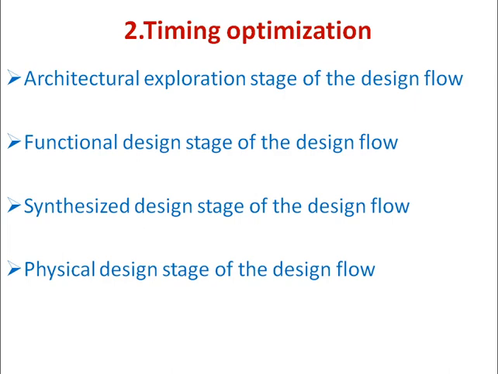Let me come to the architectural exploration stage. In the architectural exploration stage of the design flow, we have the greatest impact on performance through application of parallelism. We have the concept of pipeline parallelism, which extends simple task parallelism by breaking the task into a sequence of processing stages.